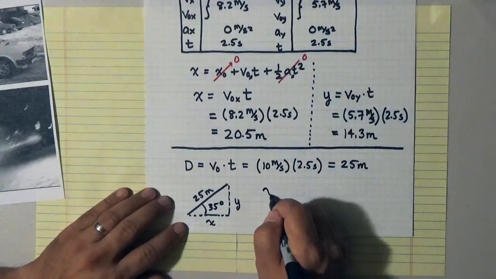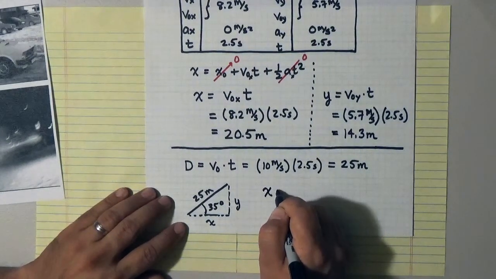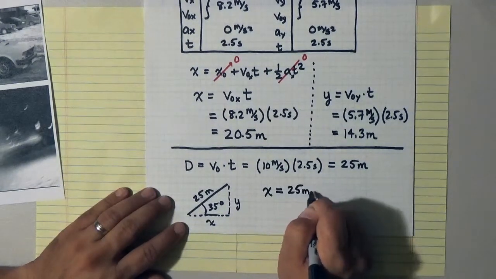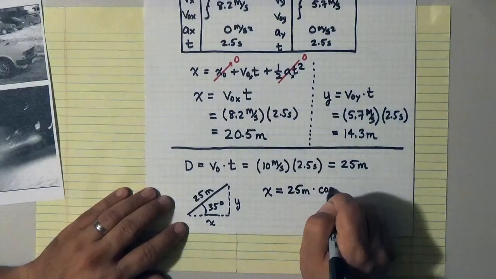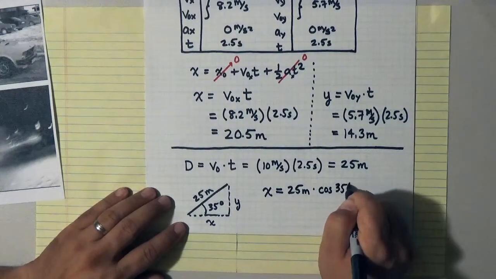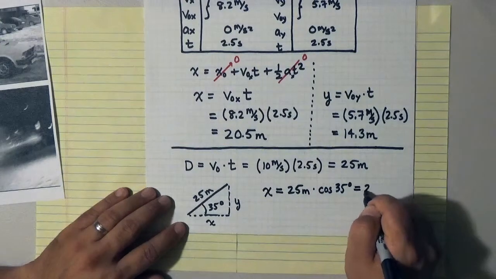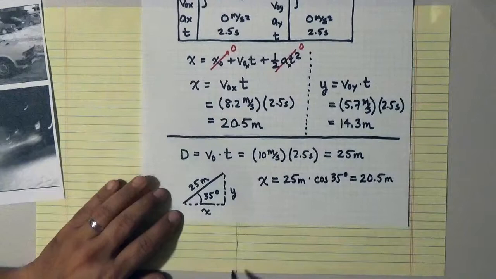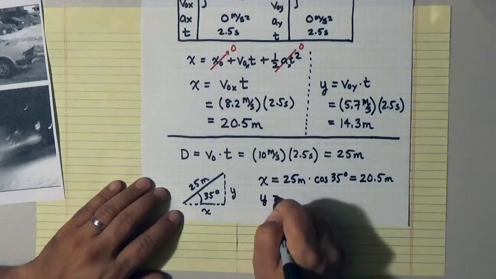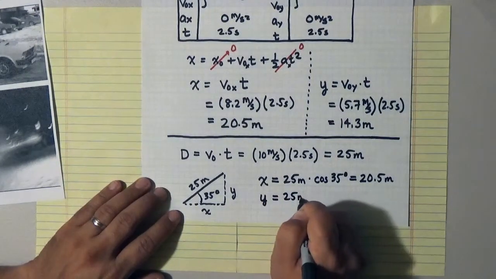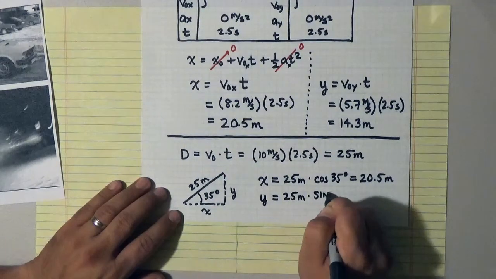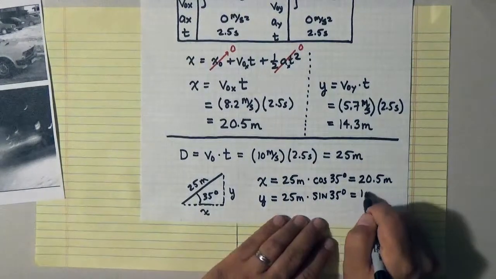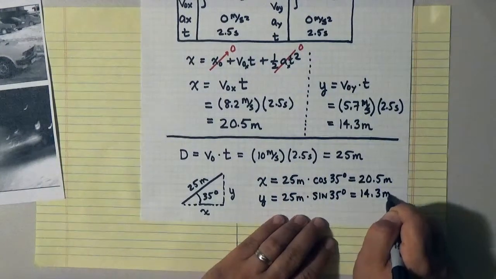So the x distance that I traveled is 25 meters times the cosine of that 35 degrees, and you should find indeed that is 20.5 meters as we computed above. And similarly, y is 25 meters times the sine of that 35 degrees, and what you should find is that is 14.3 meters.